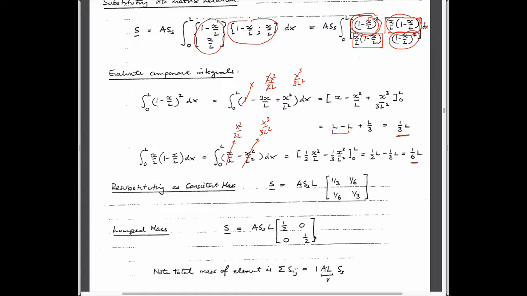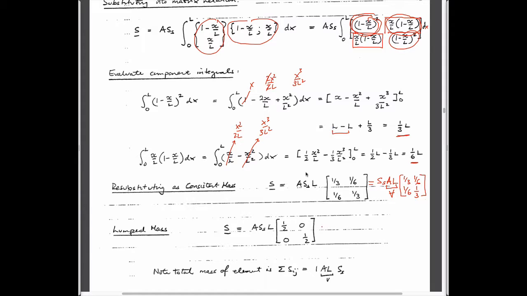It's perhaps also useful to write it, let me do it this way, to write it as specific storage, area, length, multiplied by the terms in brackets. So a third, a sixth, and a third. And the reason for writing it out that way is that you see that this term here is just the volume of the element.